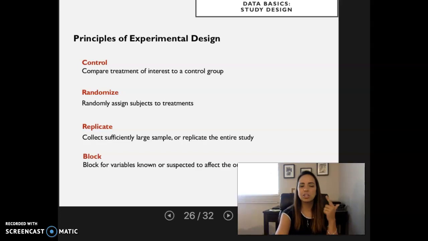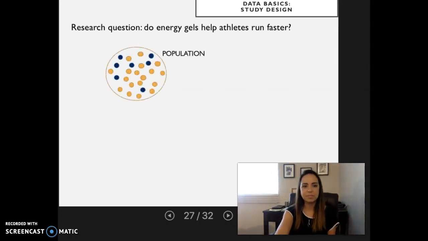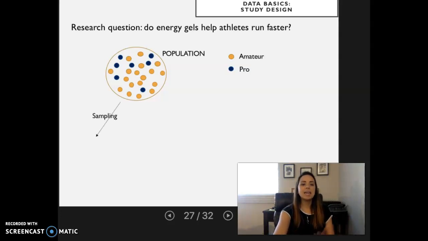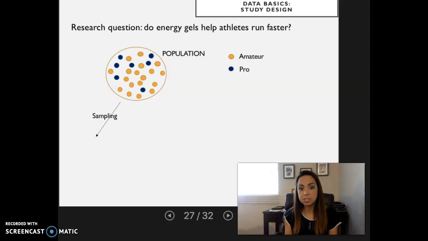So let's look at blocking, because we didn't talk about that yet. Think about this question: do energy gels help athletes run faster? So here is our population of runners, all individuals that run. And then we have in yellow the amateur runners, and in blue the pro runners. So I can then sample from this population, and I can do perhaps stratified sampling, so I'm getting an equal number of pro athletes and amateur athletes or runners.